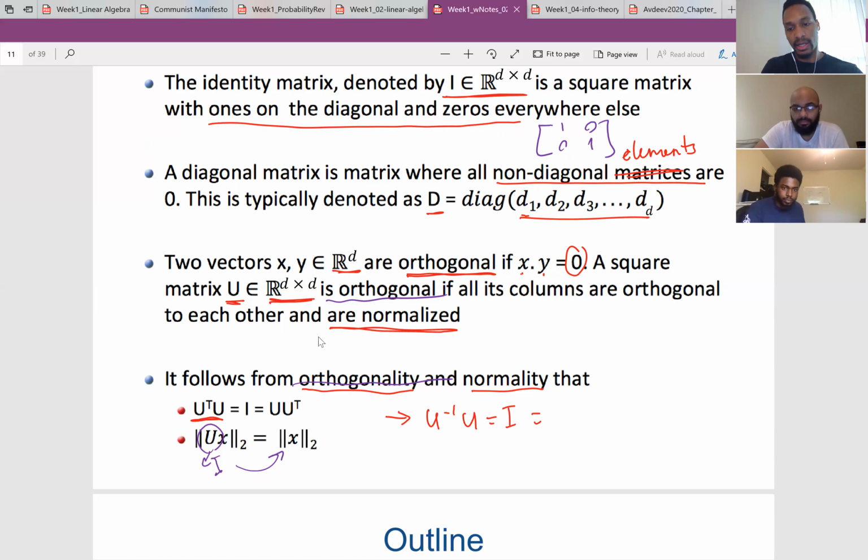So these orthogonal matrices are equal to their inverses. So for an orthogonal matrix, U transpose is equal to U inverse.